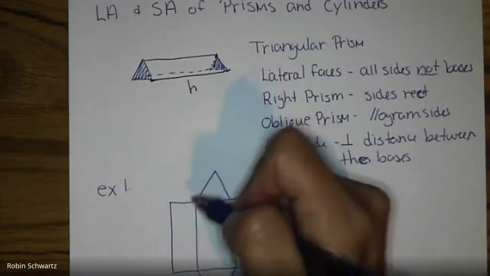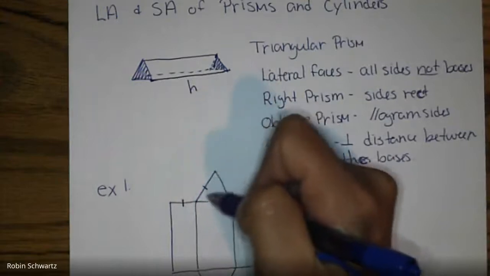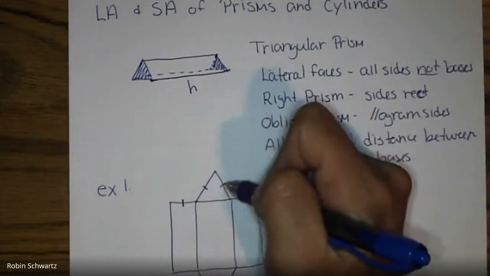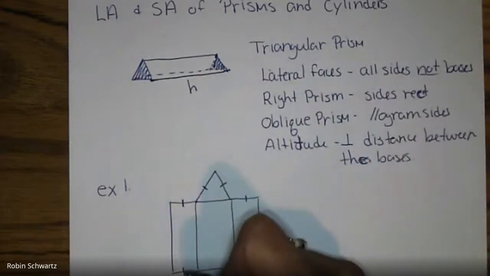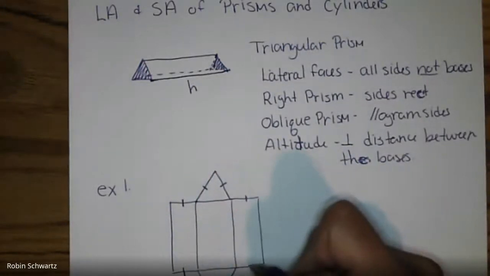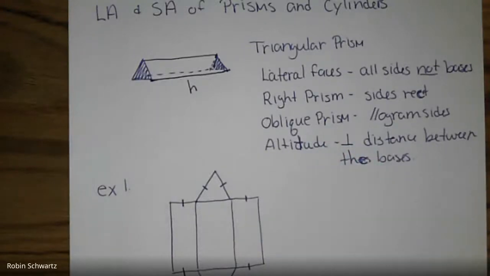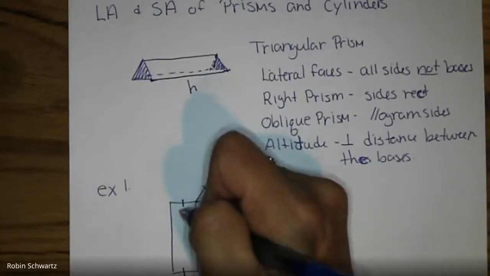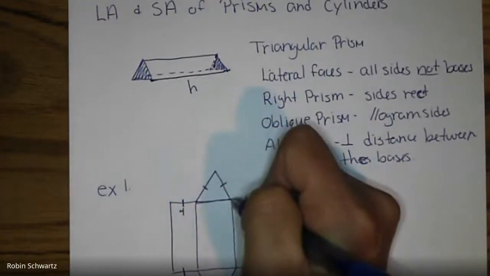So in essence, when this folded up, I didn't make it perfect, but this side would land on this side. Those should have been the exact same length. This side and this side would touch when it folds. And let's say this distance is 4, and this across here was 5.